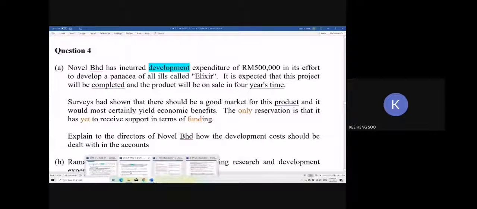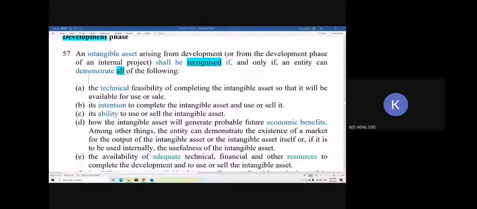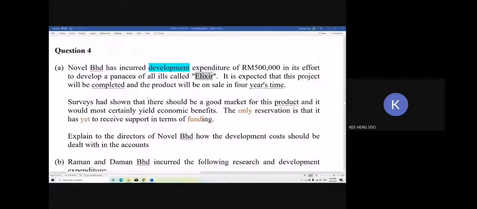Number 2, technical feasibility can be demonstrated. You found that this medicine can cure all ills. Last time you got headache, you take Panadol.